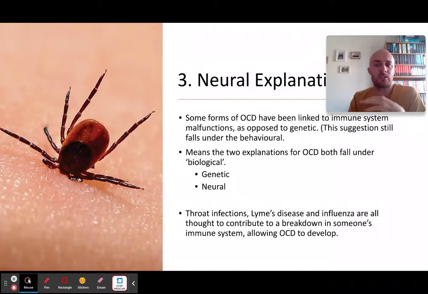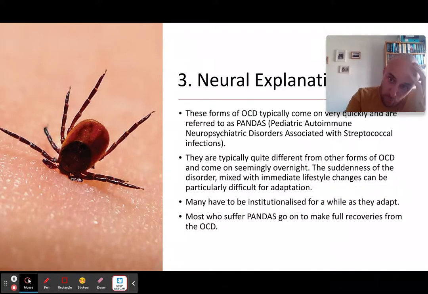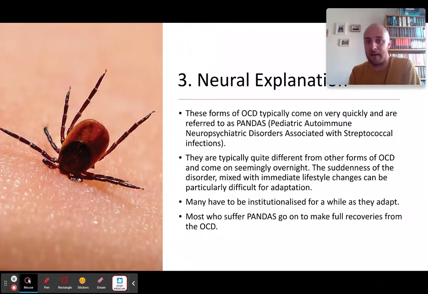Now, by the way, this is probably the more severe type of OCD. It's called PANDAS. These forms of OCD come on very quickly, particularly in teenagers, and are referred to as PANDAS, pediatric autoimmune neuropsychiatric disorders associated with throat infections, basically.